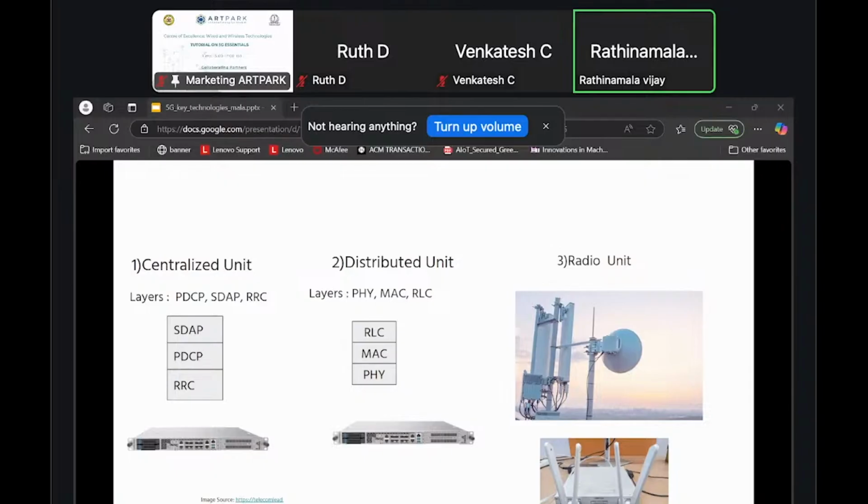The right hand side shows two figures, of a commercial radio unit and a lab radio, where the antennas are cheaper antennas. So based on the scale of your private network, you can design your radio units.